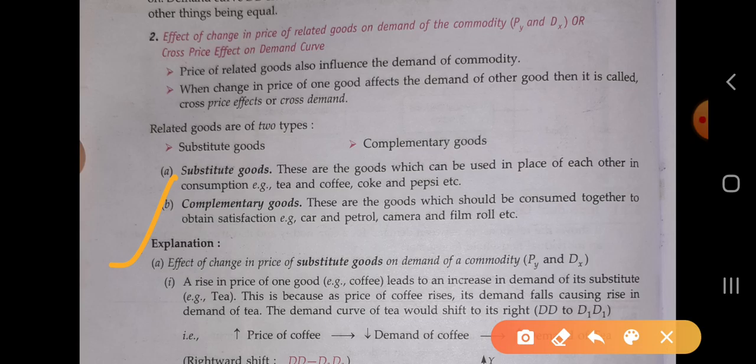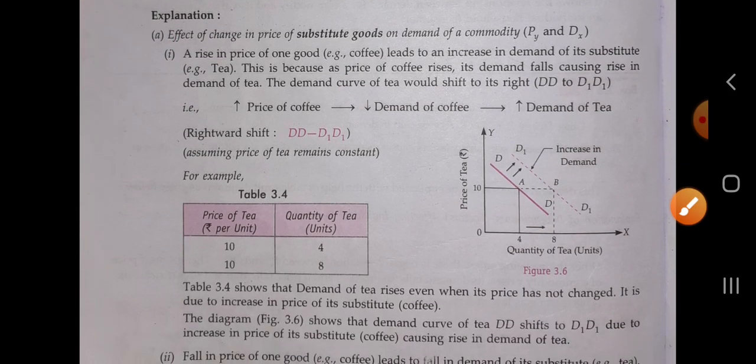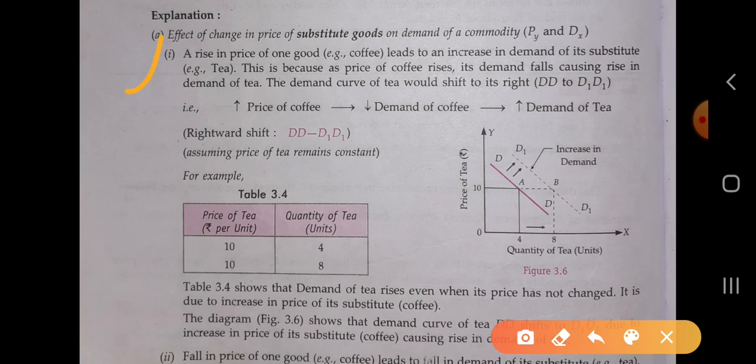The first condition is a rise in the price of one good, that is coffee, which leads to an increase in demand of the substitute good, tea. If the price of coffee increases, the consumer will shift to the next substitute, that is tea.